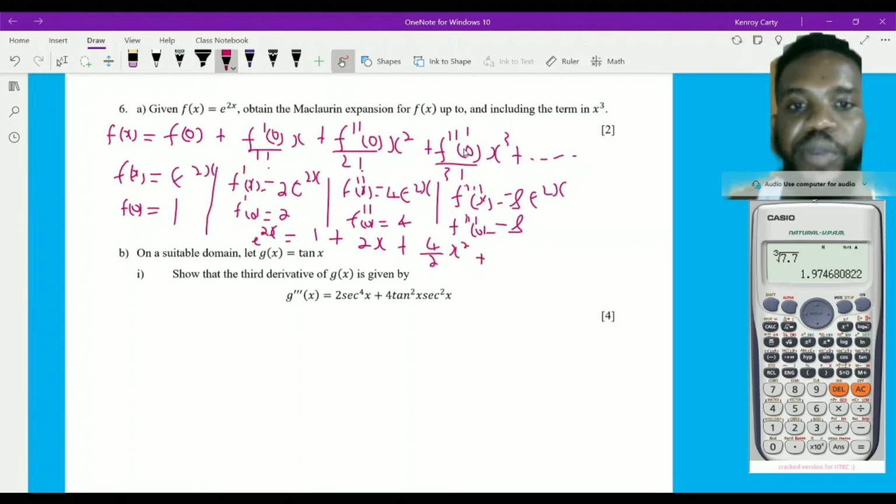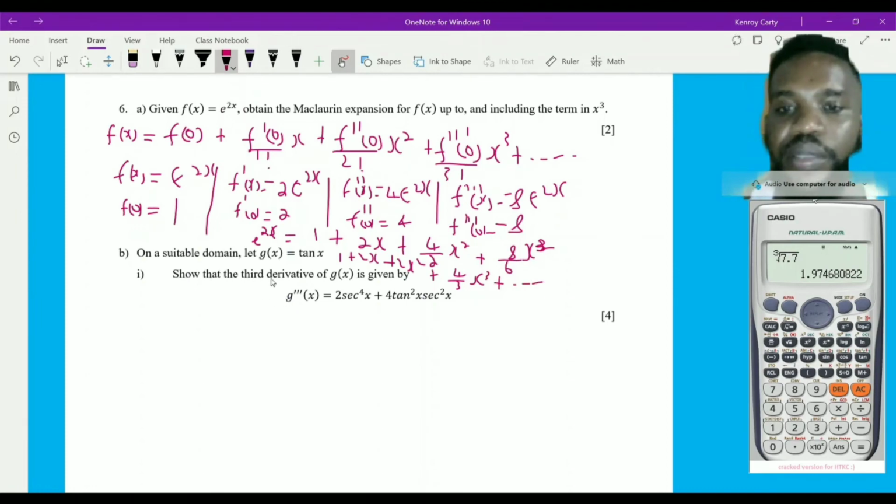And then f triple prime of 0 is going to give me 8 over 3 factorial, and 3 factorial is 6, times x cubed. So it's almost basically like the previous one. Now, one of the things I would always like to do is to break it down to the simplest form. So you can have 1 plus 2x plus 2x squared plus 8 over 6 can become 4 over 3. I keep on writing x squared, it should be x cubed, x cubed. My 3 dots indicate that it goes on and on and on.